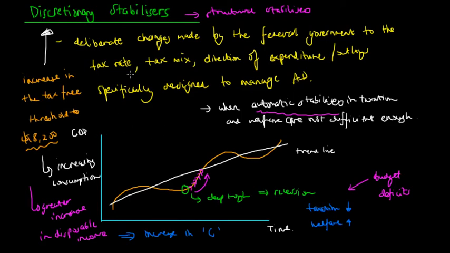And an example of a discretionary stabiliser implemented by the federal government in recent years in order to stimulate economic activity was this increase in the tax-free threshold to $18,200. So that's discretionary stabilisers, and they are deliberate. We must note that they are deliberate changes, and I cannot stress this enough. They are deliberate changes made by the federal government.